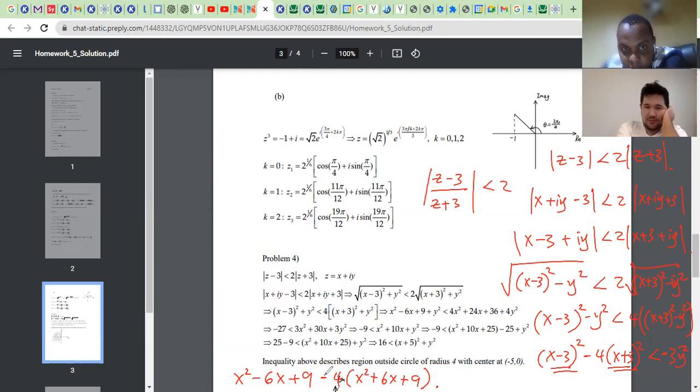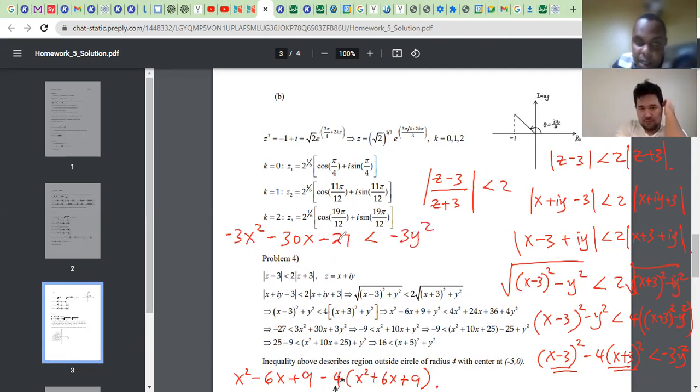This becomes minus 3X squared minus 30X, and 4 times 9 is 36, 36 minus 9 is 27, so minus 27, less than 3Y squared.